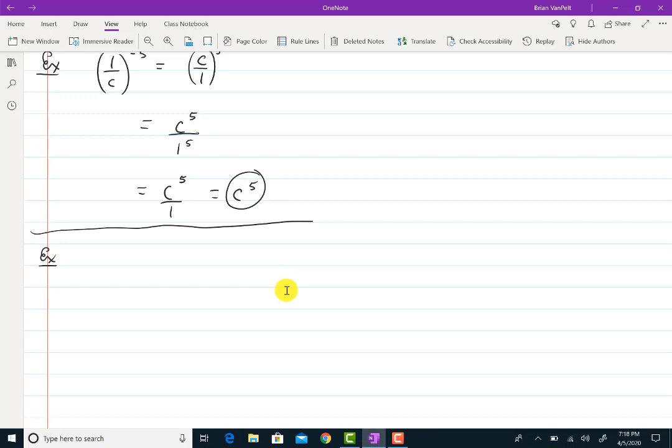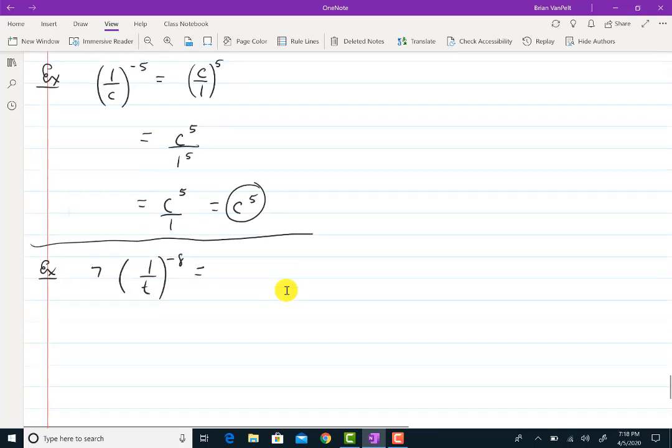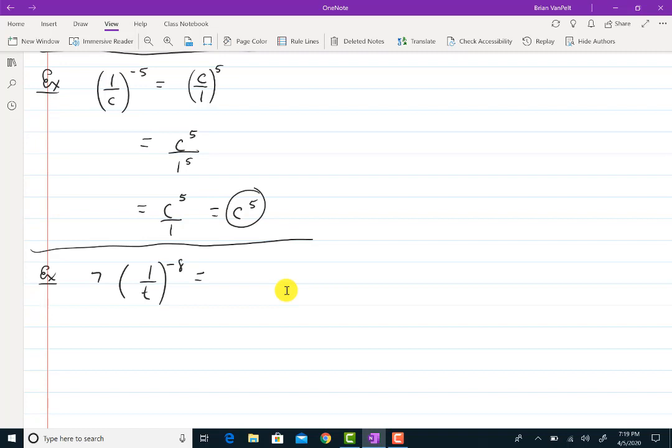Another example, 7 times 1 over t to the -8. And I used it over there too, didn't I? I should have probably told you, if I have a over b to the -n, that's the same as b over a to the positive n. So that's exactly what I'm going to make use of right now.